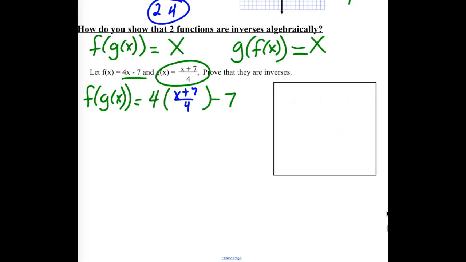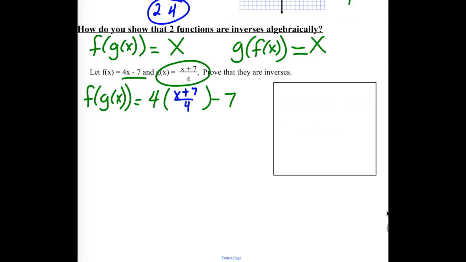The order that these things undo each other is important. On your test, you will have to show me this step, and then you're going to have to show me each step. What is the thing that is getting undone in each step? So what's the first thing that would cancel in this one? The 4's.